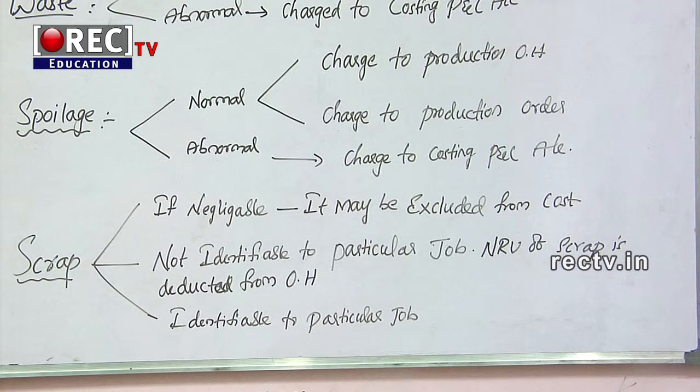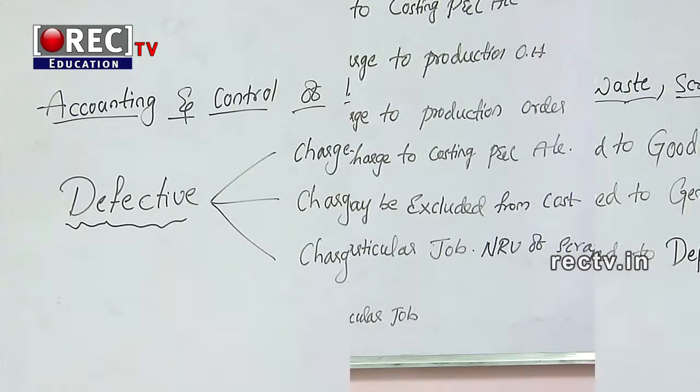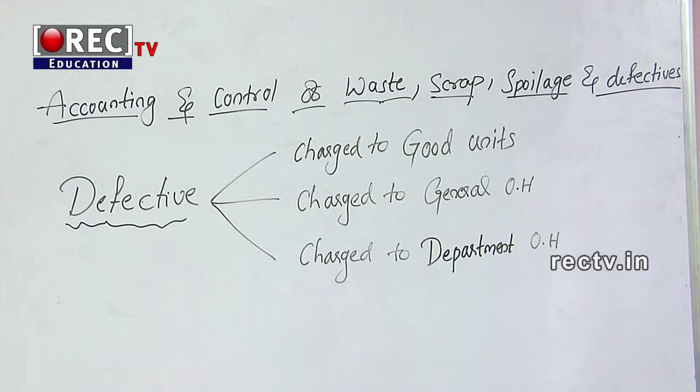If the scrap is not identifiable to a particular job, then the NRV, net realizable value of scrap, is deducted from the overhead, so the overhead rate is reduced. If the scrap is identifiable to a particular job, then whatever cost is incurred due to this scrap is charged to that particular job or process.